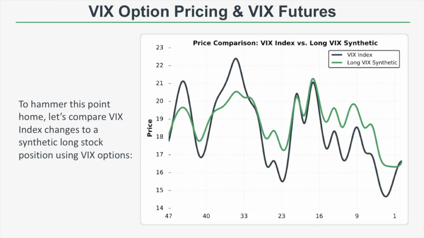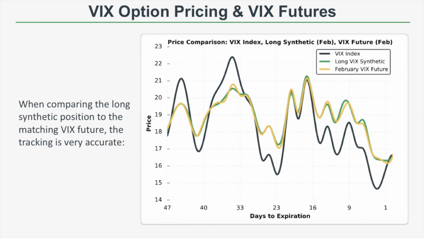And if the cost of the synthetic is a credit, then the effective cost of the position is the strike price minus the credit. So the green line in this graph is the strike price plus the debit or minus the credit on each trading day. So as we see here, the long synthetic stock position using VIX options did not track the VIX index closely, which would be the case if you did the same test on a standard equity.